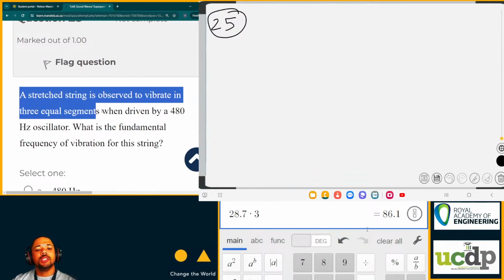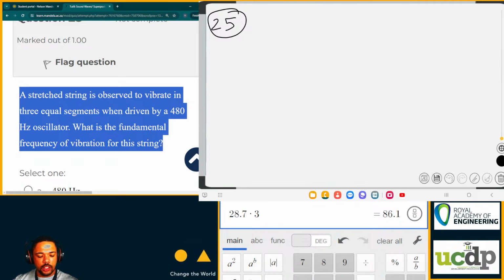Okay, a stretched string. 24, we've done. 25. A stretched string is observed to vibrate in 3 equal segments when driven by a 480 Hertz oscillator. Okay, what is the fundamental frequency of vibration for the string?